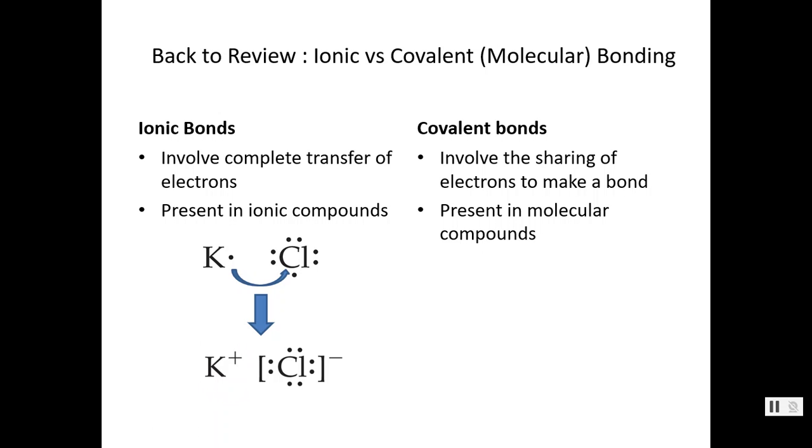So we talked about how those Lewis dot structures, along with the octet rule, can help correctly predict ionic compounds. We can do the same with covalent molecules or molecular compounds.